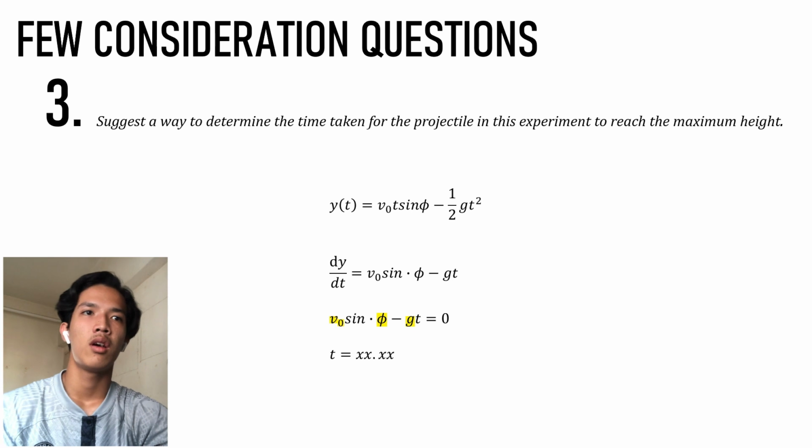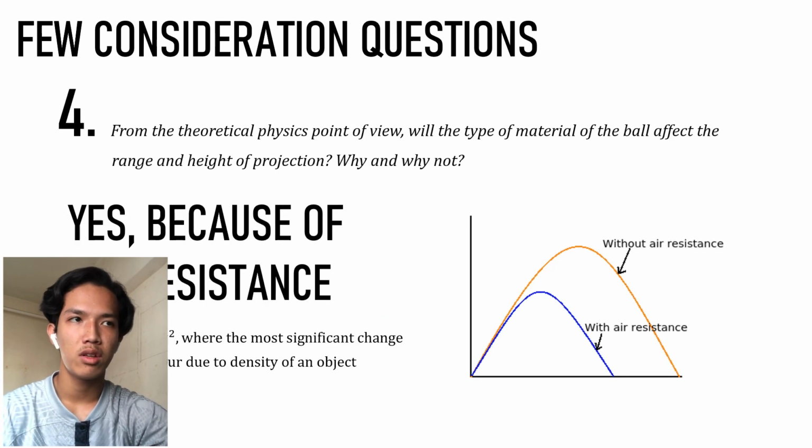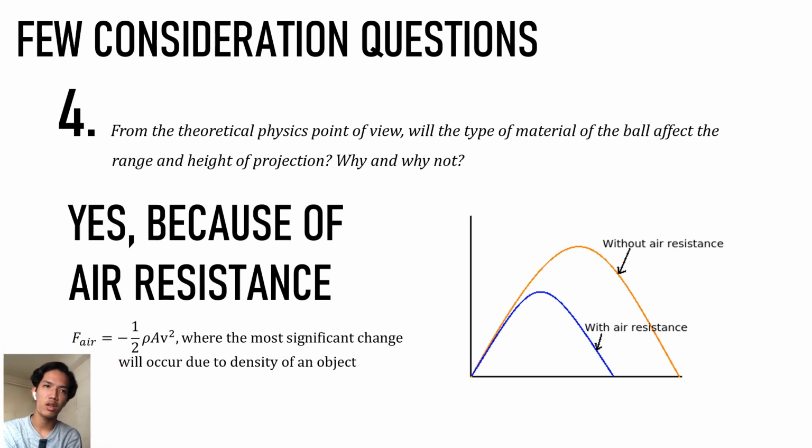And from the theoretical physics point of view, will the type of material of the ball affect the range and height of projection? Why and why not? For me, my answer is yes, because of air resistance. As we can see, the formula of air resistance force is F equals -1/2 rho A v squared, where the most significant change will occur due to the density of an object.